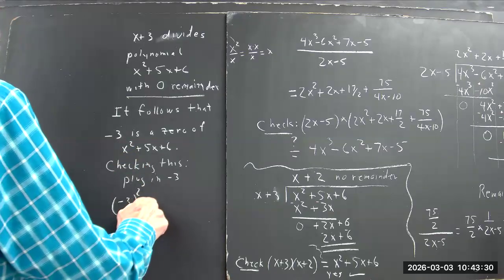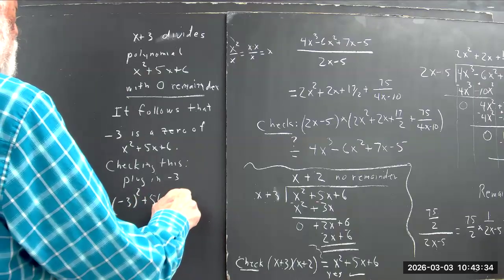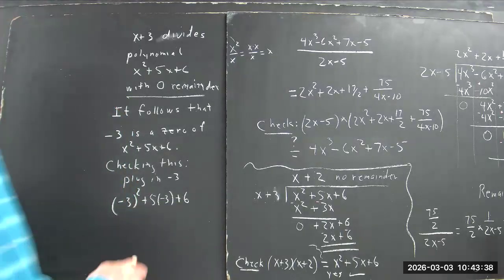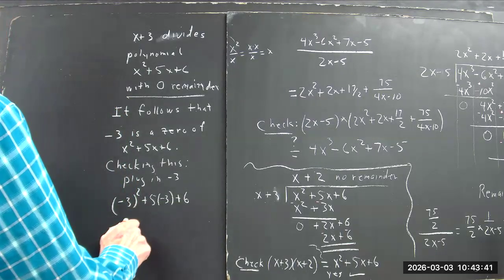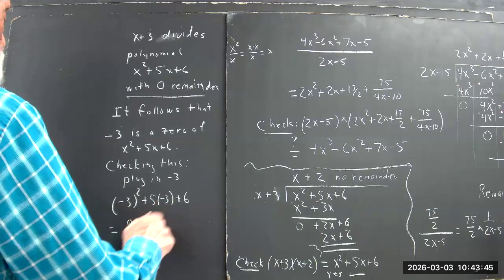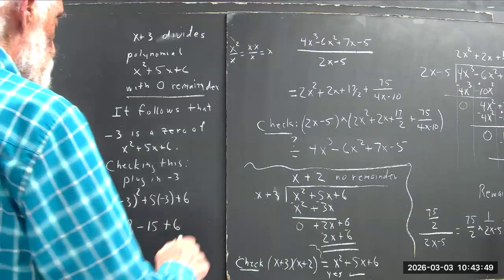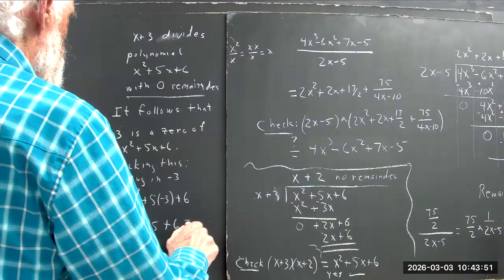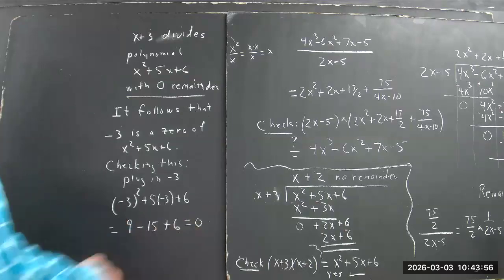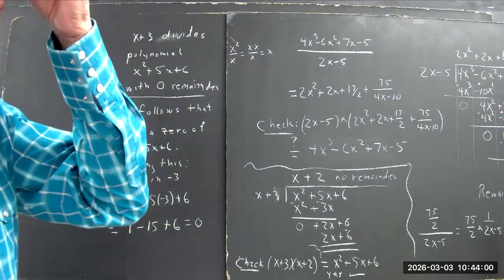X squared becomes -3 squared. 5x becomes 5 times -3, and the plus 6 stays plus 6. This gives you -3 squared is 9. 5 times -3 is -15, plus 6. And 9 and 6 is 15. 15 minus 15 is 0. So you can easily verify that that does give you 0.